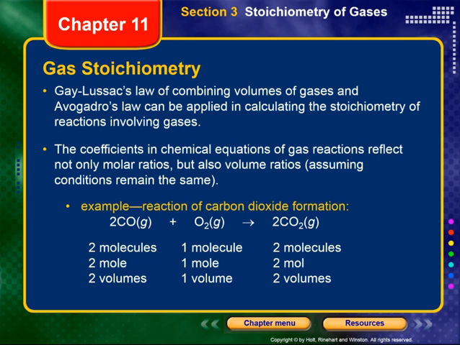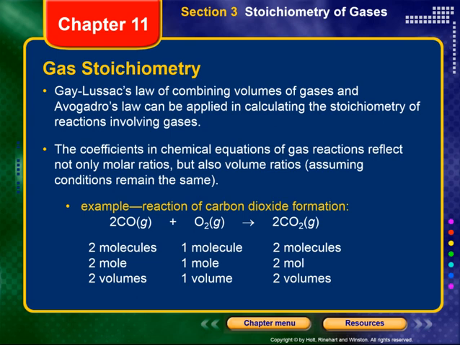At the same time and in the same way, 2 moles of CO react with 1 mole of O2 to yield 2 moles of CO2. What we're extending here with the gases in chapter 11 is that 2 volumes of CO react with 1 volume of O2 to yield 2 volumes of CO2.